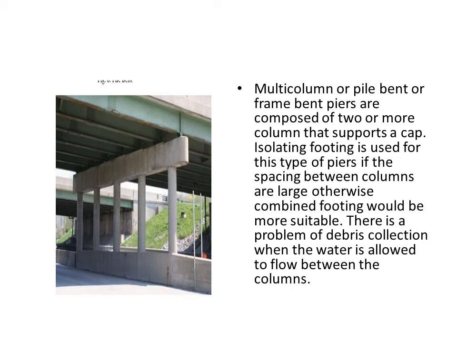Isolated footing is used for this type of pier if the spacing between the columns is large. But there is a problem of debris collection when the water is allowed to flow between the columns. Therefore, this is one of the disadvantages of the multi-column or pile bent or frame bent piers.